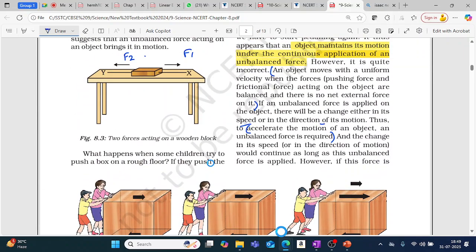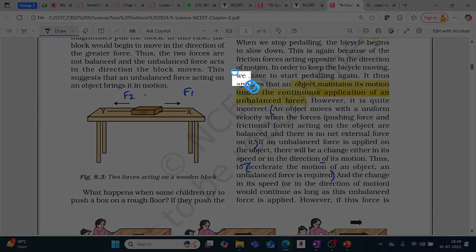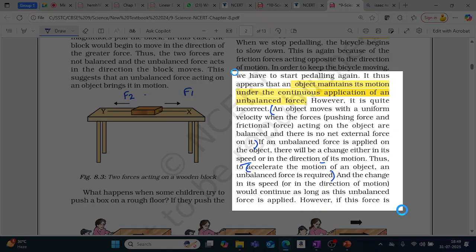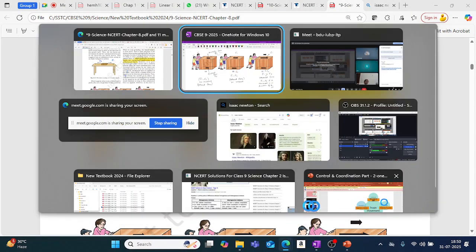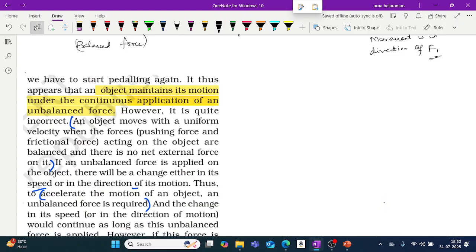So, this is a very important concept point. In our daily life, we think that we should apply force continuously for the object to keep moving. You have to continuously pedal. You have to continuously press the accelerator for an object to move.